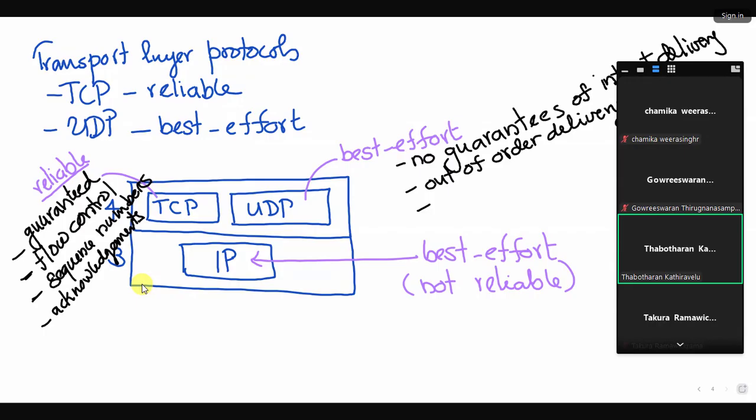In addition to that, the TCP protocol also includes one additional thing called congestion control. I will spend at least 1 hour in one of the later classes discussing what congestion control is.